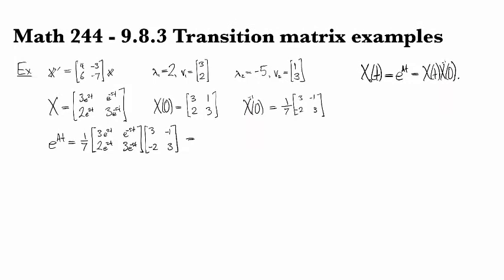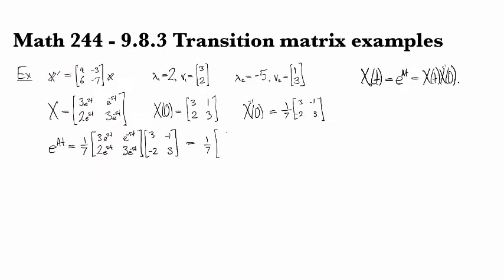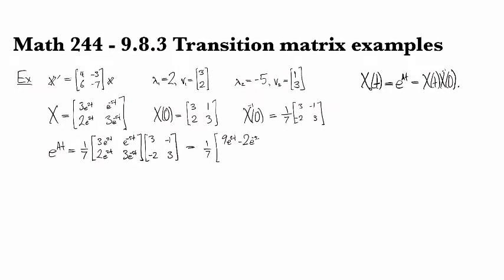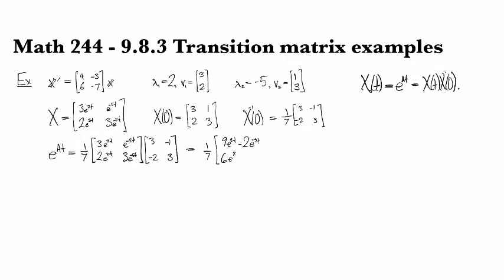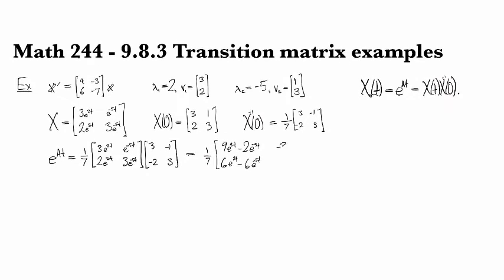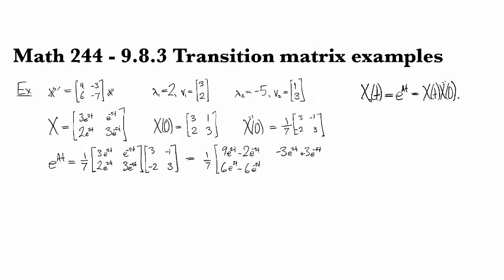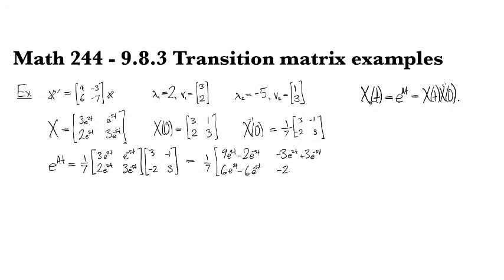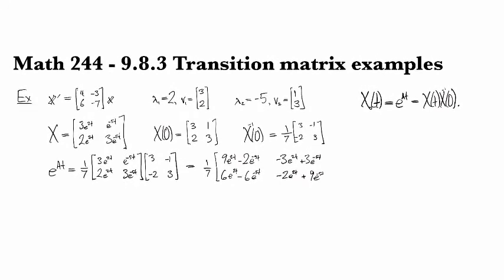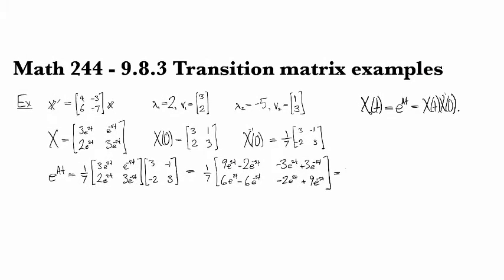And so working out this product, we get 1/7 times 9e to the 2t minus 2e to the minus 5t, 6e to the 2t minus 6e to the minus 5t, minus 3e to the 2t plus 3e to the minus 5t, and minus 2e to the 2t plus 9e to the minus 5t. So there is our transition matrix.